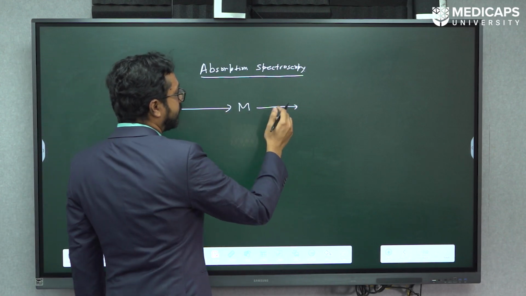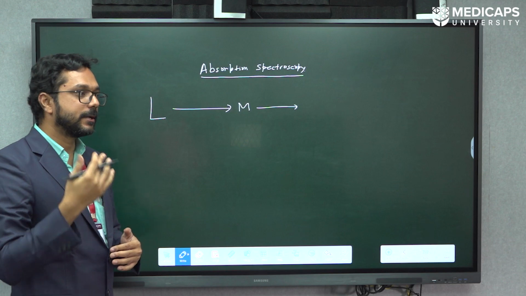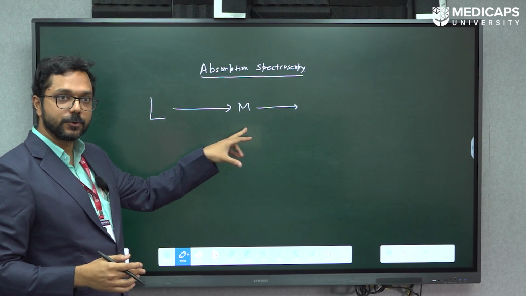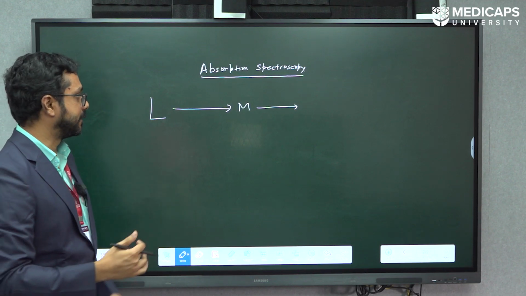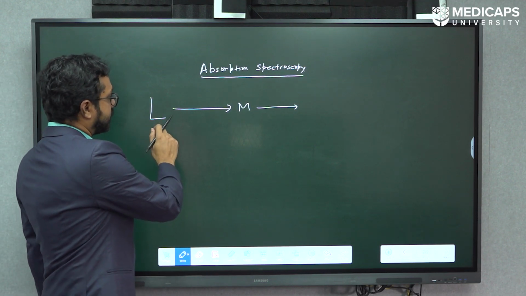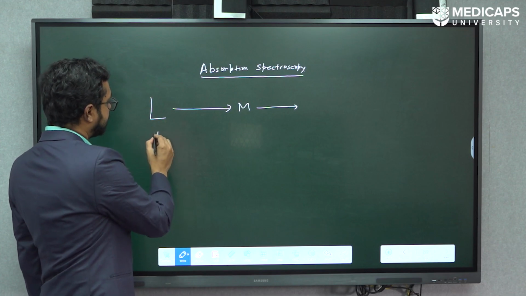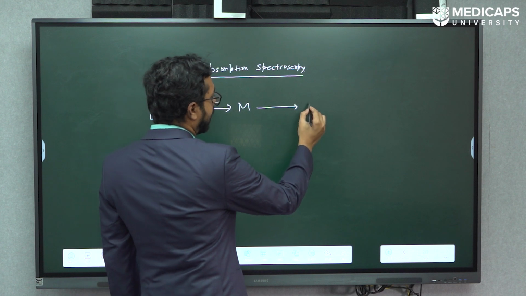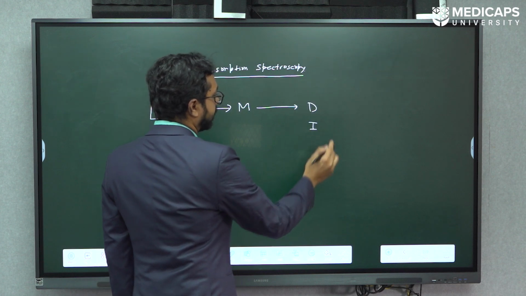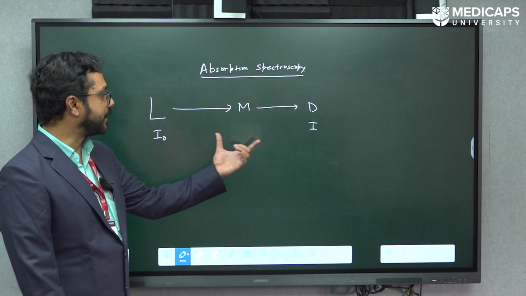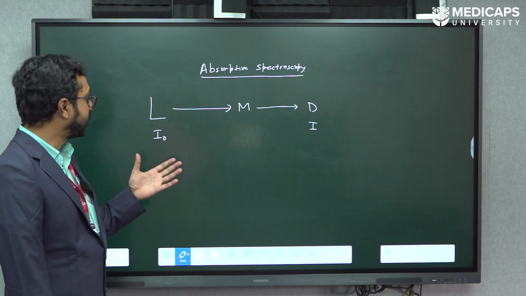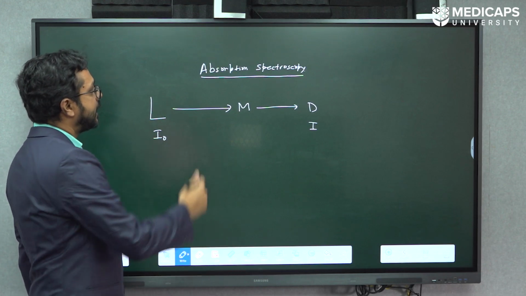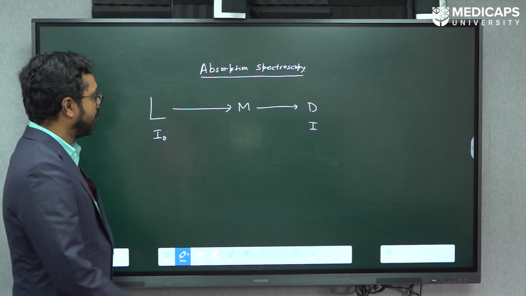What you will detect is what was not absorbed, because you cannot measure directly what was absorbed. So it is like an indirect measurement. You have the intensity of the incident light, I naught, and after the interaction you will have an intensity of I. Depending on these two parameters, you can calculate how much was absorbed. In this way, absorption spectroscopy works.